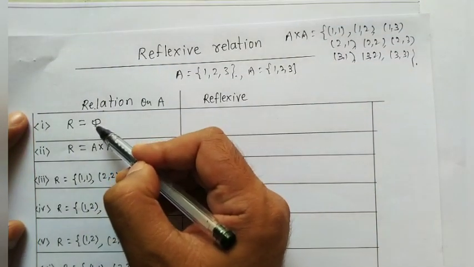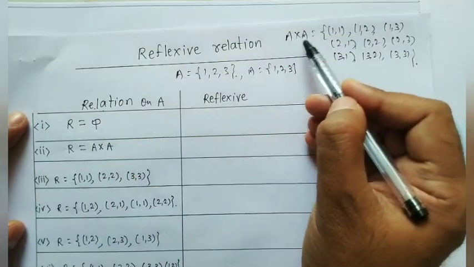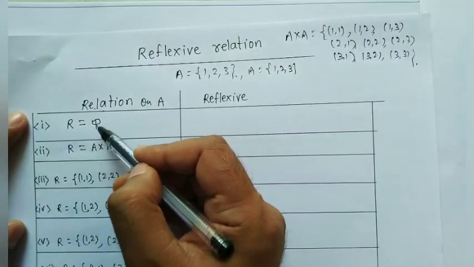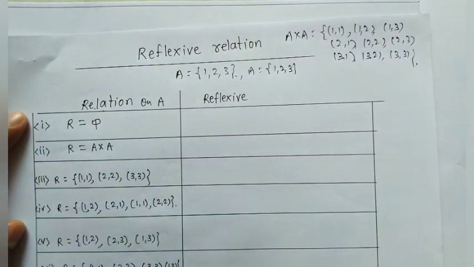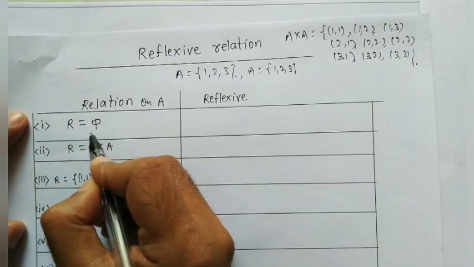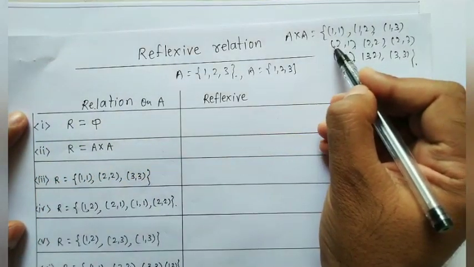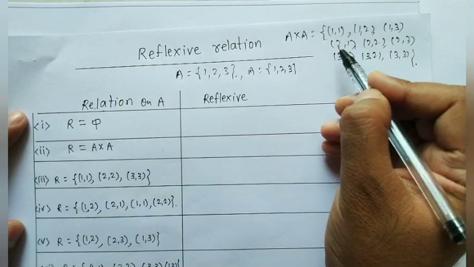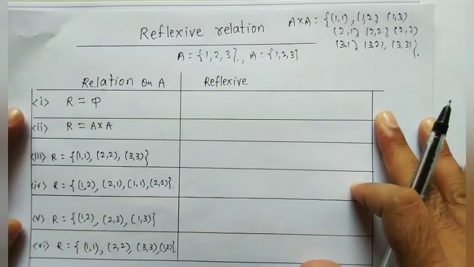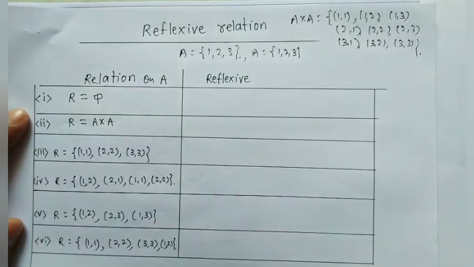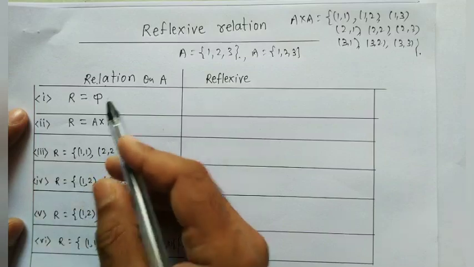These are the subsets of A cross A, and any subset is a relation on set A. Fine. Now R equals phi. Is phi a subset of A cross A? Of course yes, because we know that the empty set is a subset of each set. So R equals phi is a relation on set A.